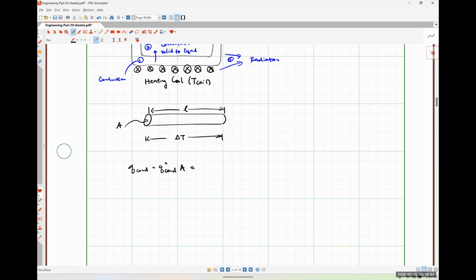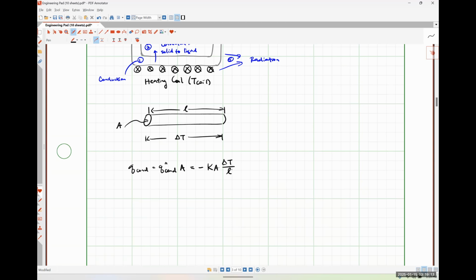So this would be negative K times our cross-sectional area times the temperature gradient over the length of our rod. Okay.